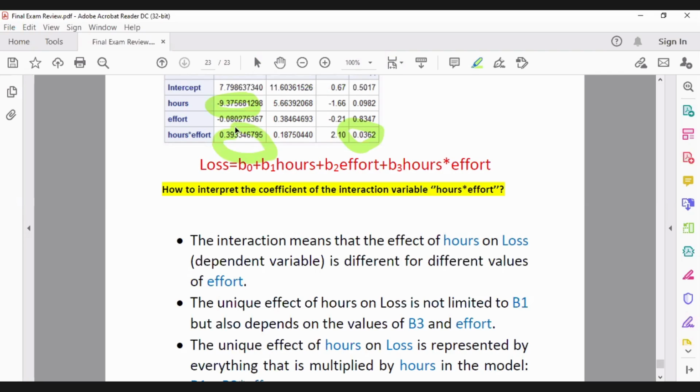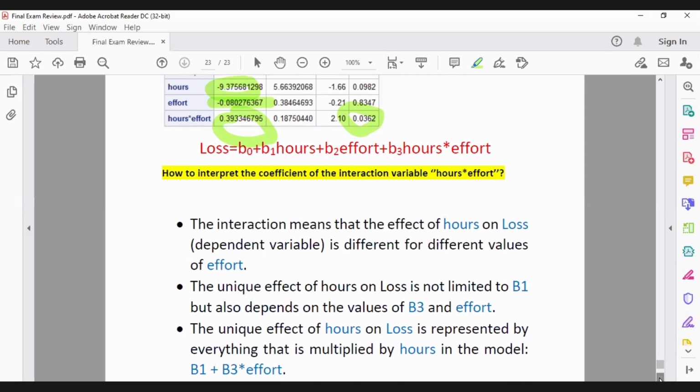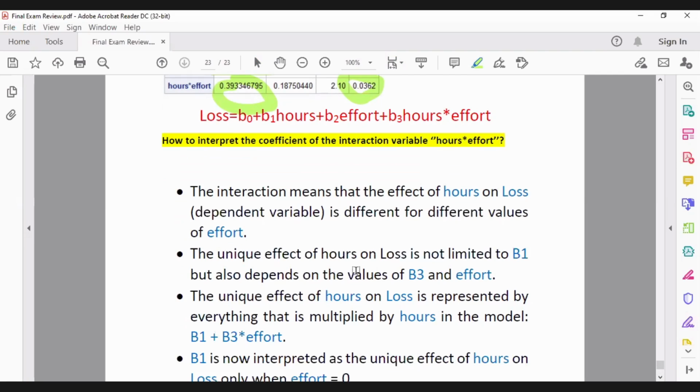And also, the impact of effort on loss is not limited to beta 2, but it is also affected by beta 3. So the unique effect of hours on loss is not limited to beta 1, but also depends on the values of beta 3.